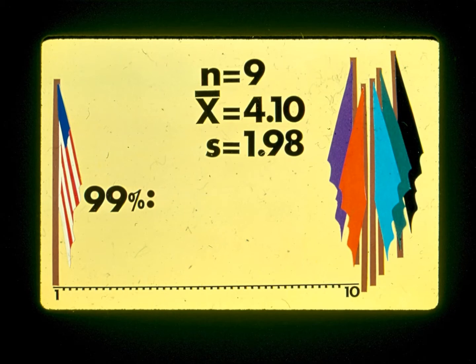The questionnaire is administered to a random sample of 9 professors at the university, and the data results in a mean score of 4.10 with a standard deviation of 1.98. Based on these results, find a 99% confidence interval for the mean score of professors at the university.